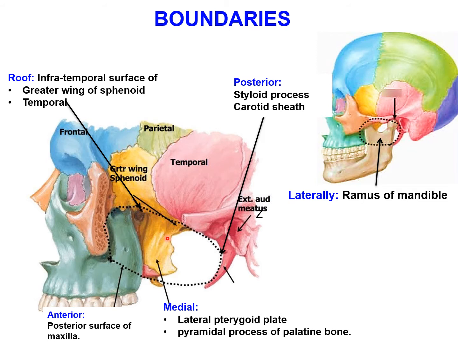Laterally is the ramus of the mandible along with the coronoid process. Superiorly is the infratemporal surface of greater wing of sphenoid. Below, the fossa is open and it is continuous with the tissue spaces along with the pharynx and esophagus.